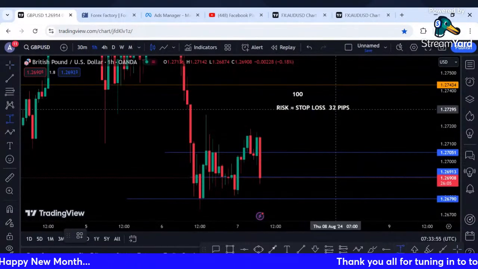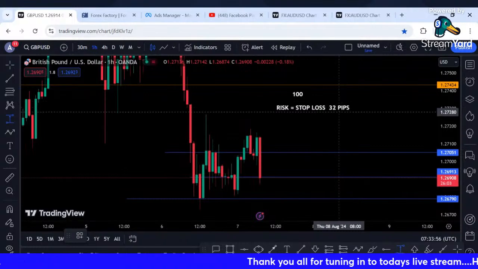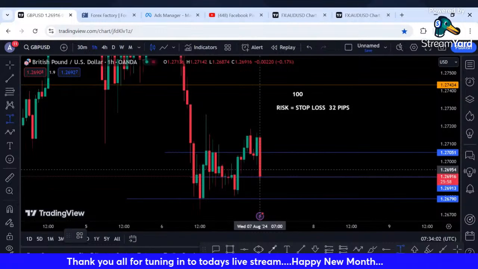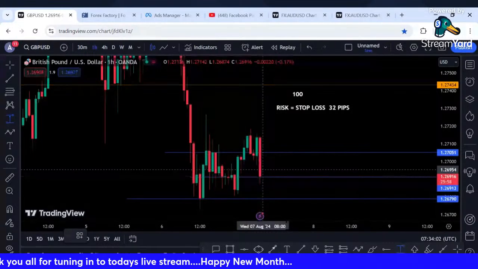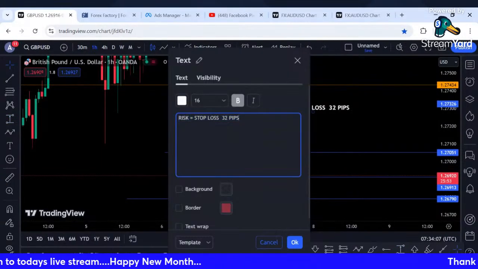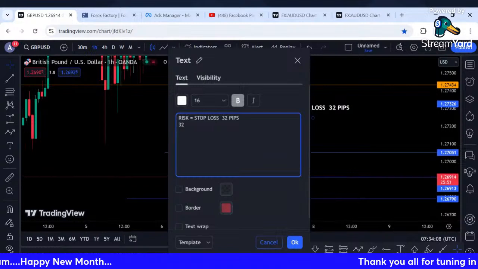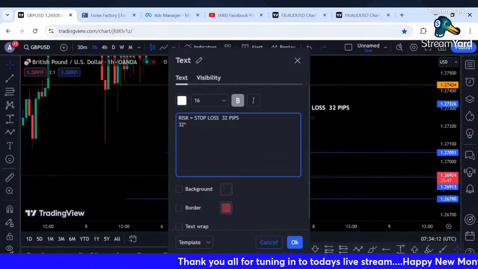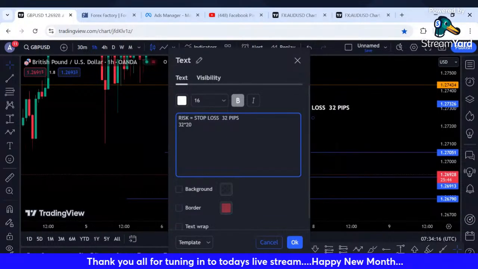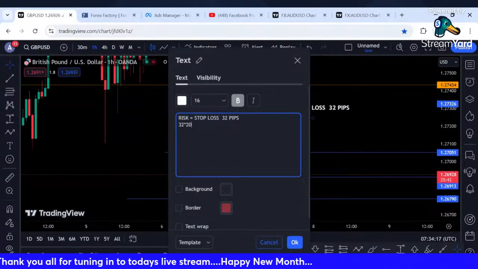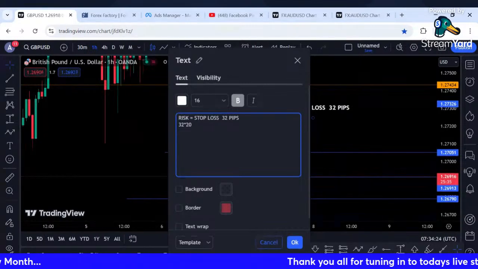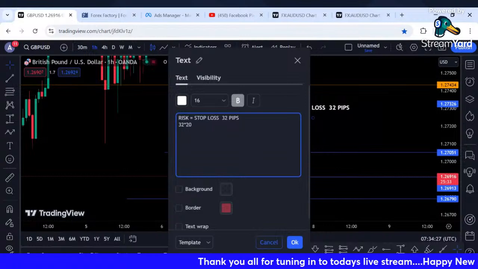So that means your stop loss is 32 pips. You get it? The 32 pips, you multiply it by the amount you are willing to risk. Sorry, you have to know your lot size that you are going to risk rather.